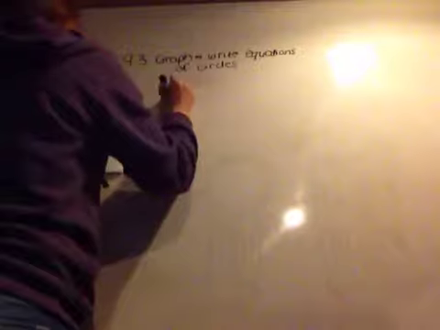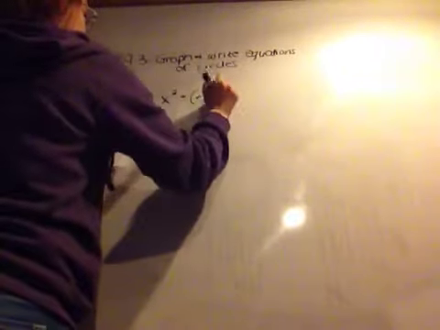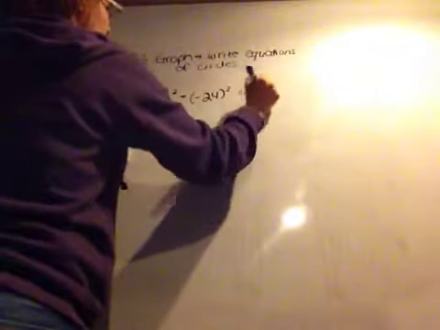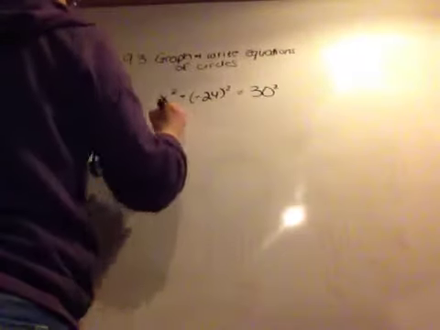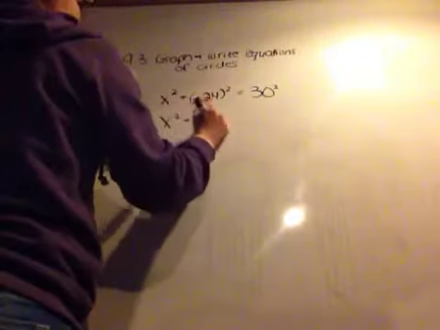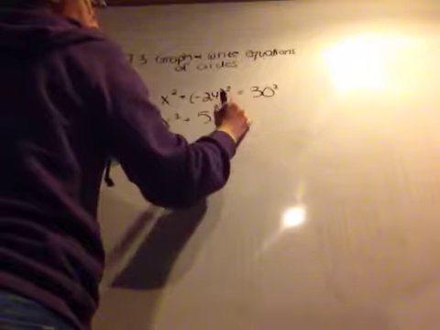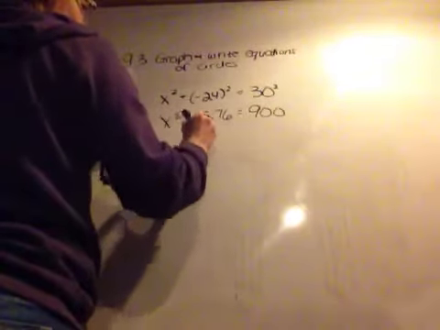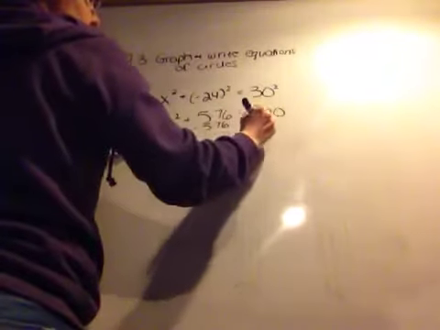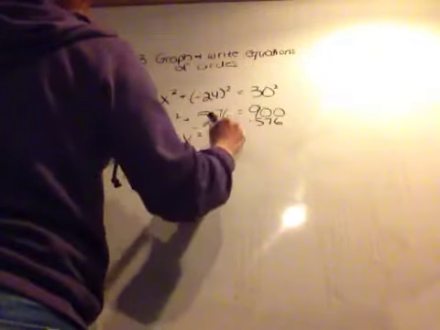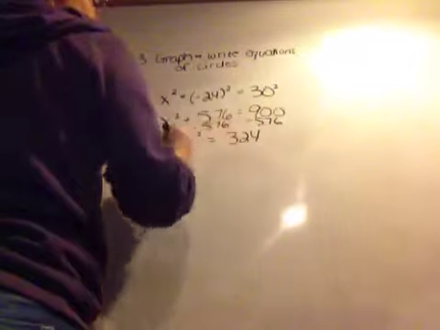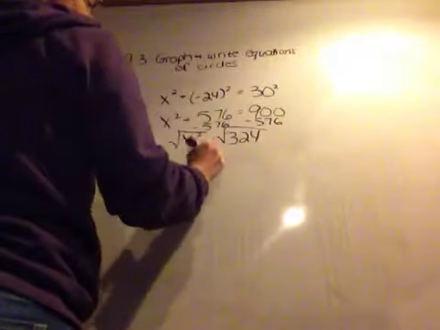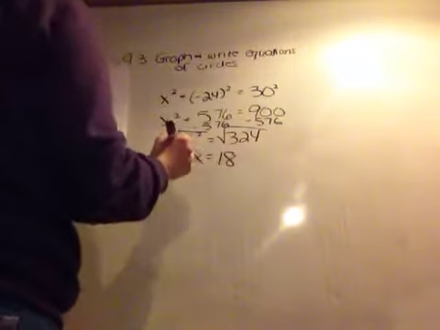So we have x squared plus (-24) squared equals 30 squared. -24 squared is 576, 30 squared is 900. We're going to solve using the Pythagorean theorem. We subtract 576 from both sides, and x squared is 324. When we take the square root of both sides, we get x equals 18.